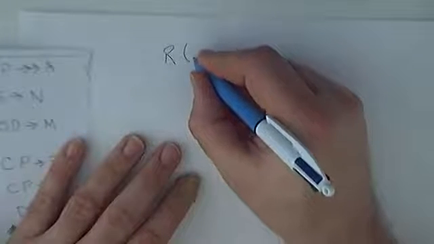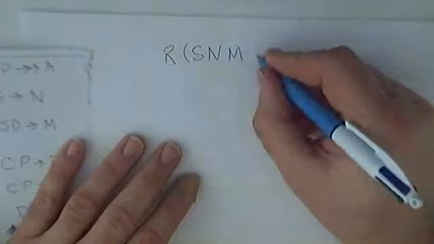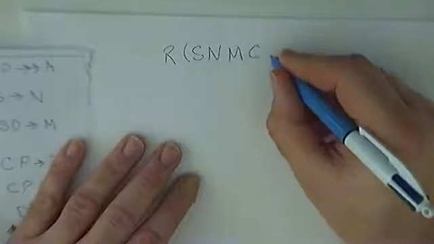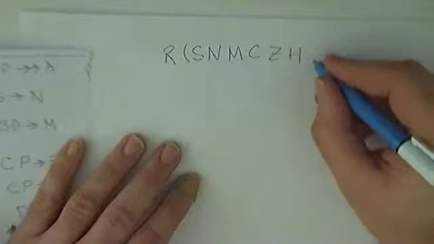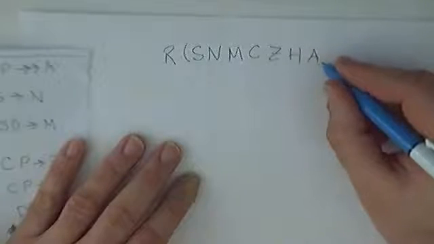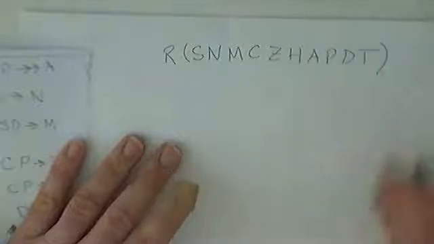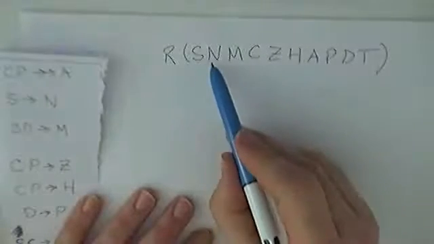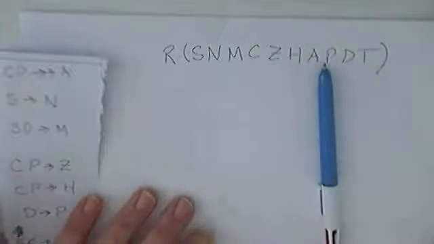Okay, so we have R is S, N, M, C, Z, H, A, P, D, T. Should be 10 of them: 1, 2, 3, 4, 5, 6, 7, 8, 9, 10. Yeah, there's 10. Here it is.